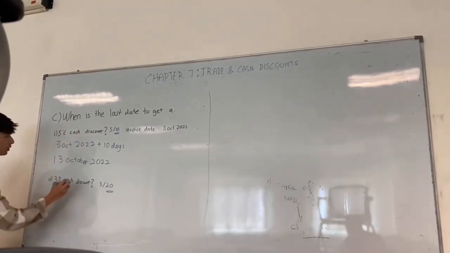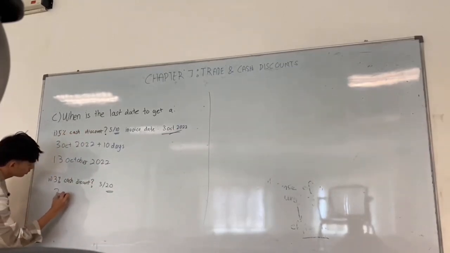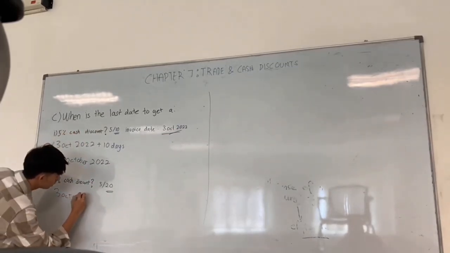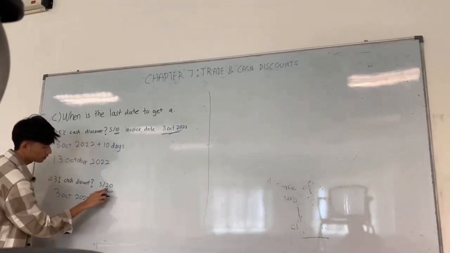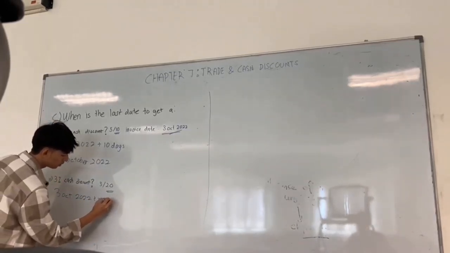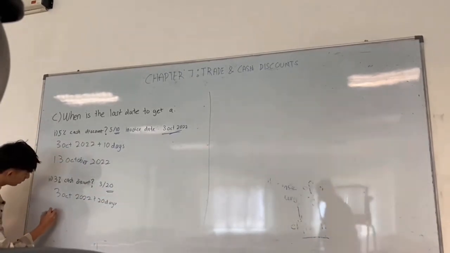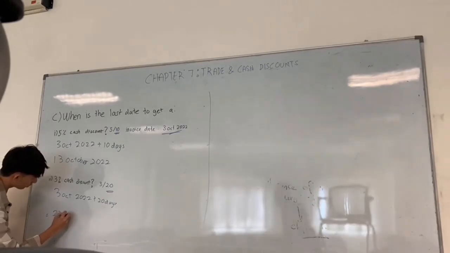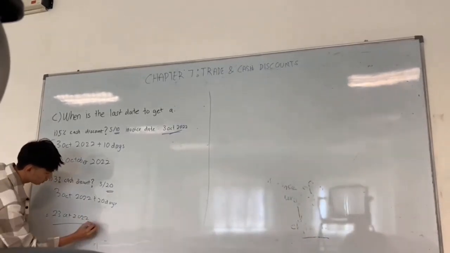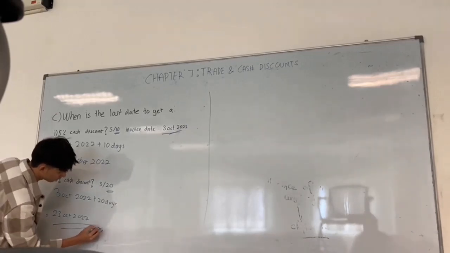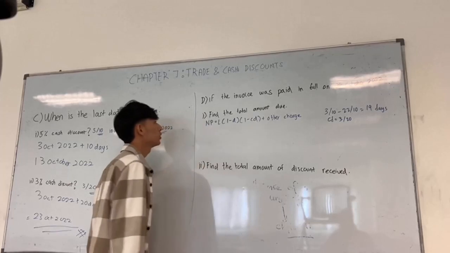So from the invoice date over here, 3 October 2022, we only need to plus 20 days, and the answer will be 23 October 2022. That is the last answer. We continue to the next question, which is D.